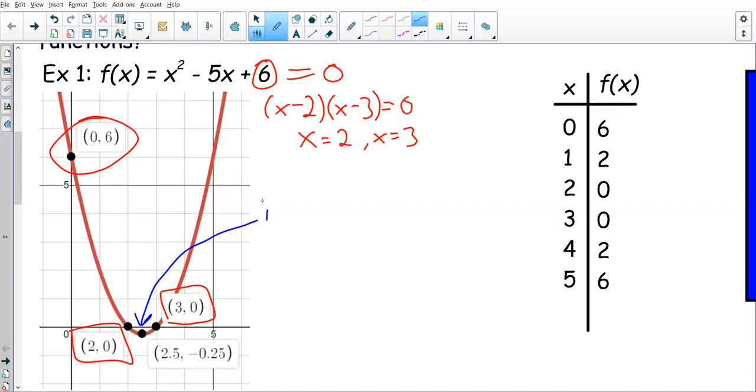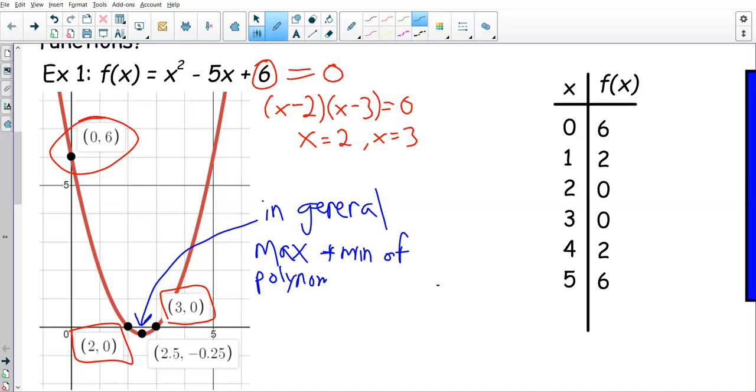But in general, maximums and minimums are for calculus. So in general, max and min of polynomials will be left to calculus.